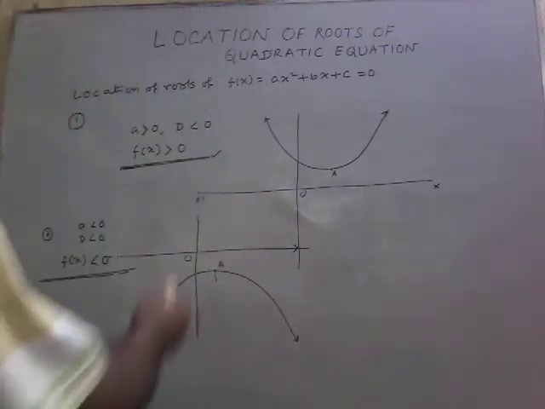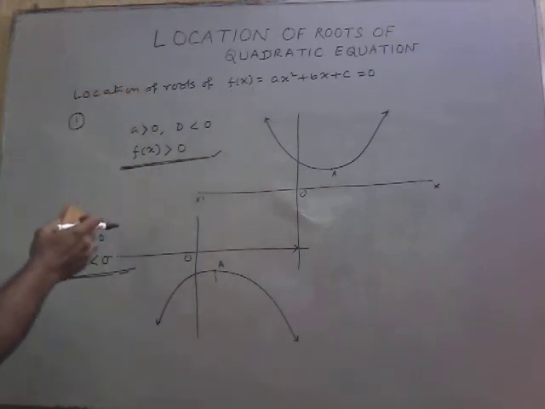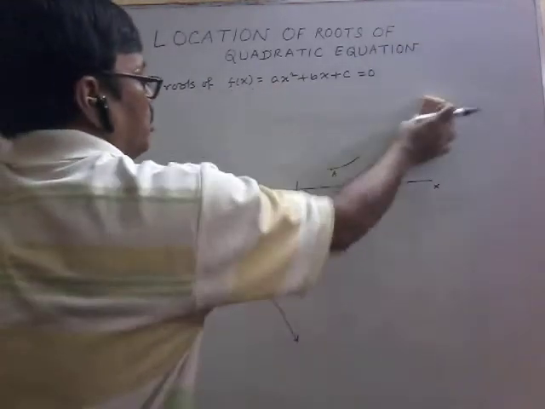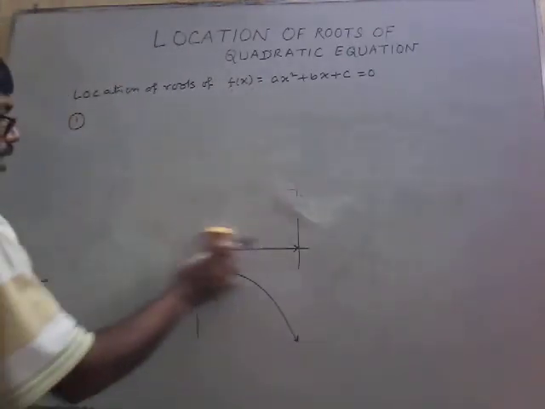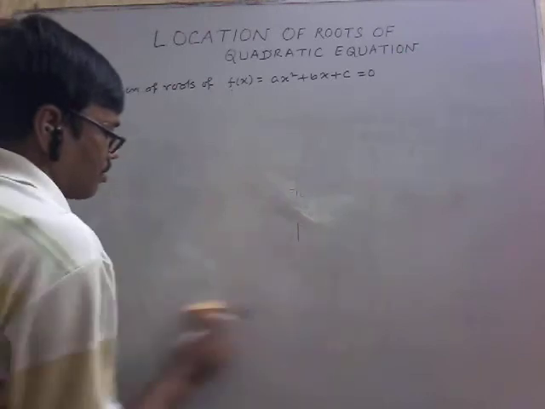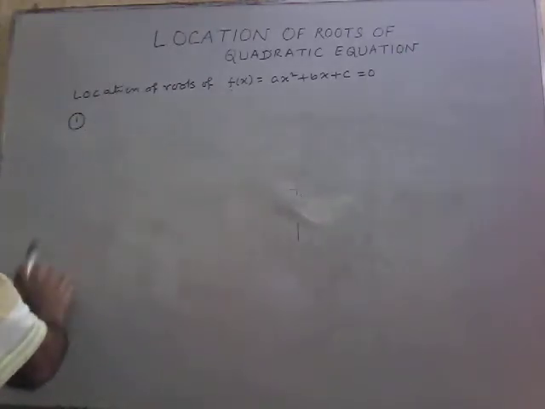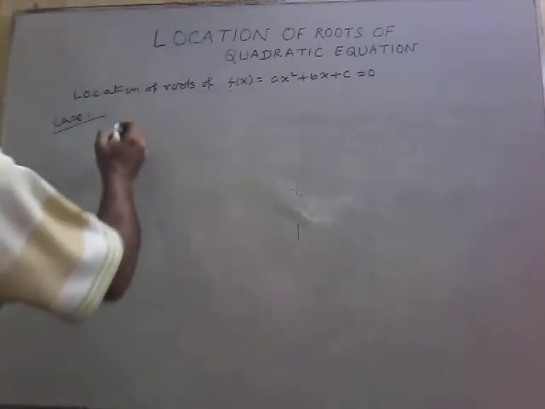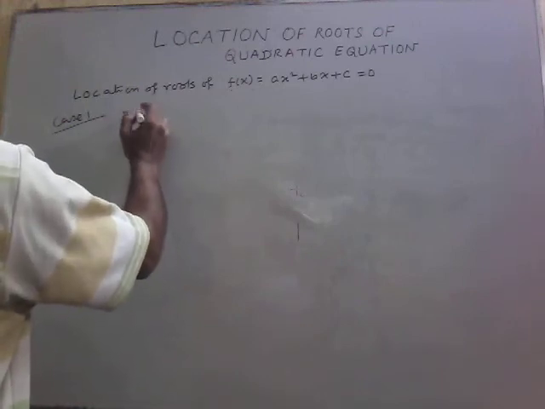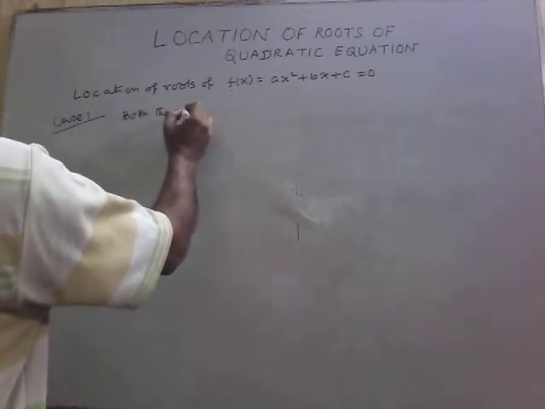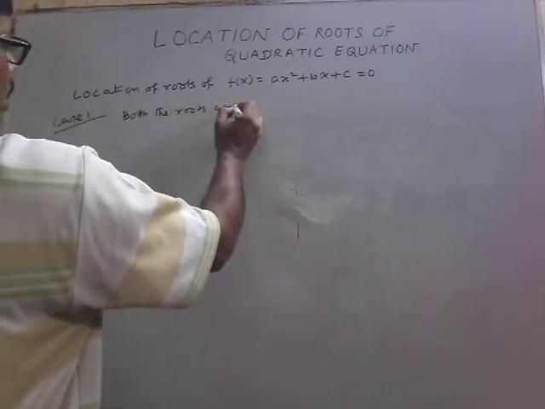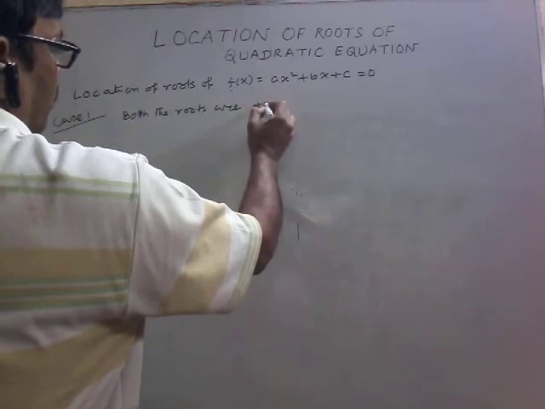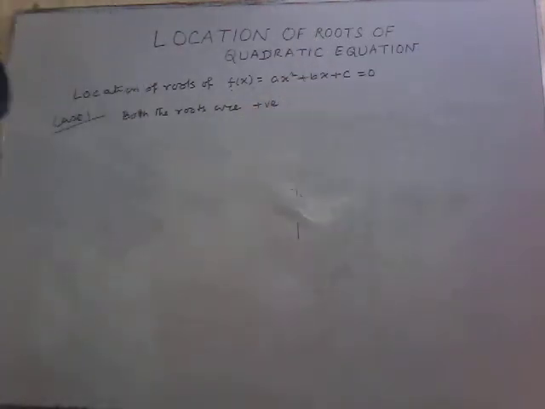Then we discuss the location of roots of f(x) equals this. There are several cases. So write Case 1: both the roots are positive.